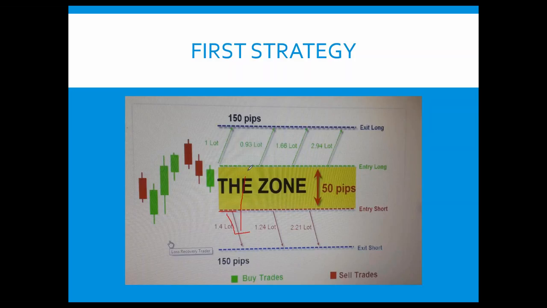We have to open up another hedge at this point. So now we are 1.93 lots long and 1.4 lots short. Again, if it hits our take profit, we are more profitable on these two trades than we are on this losing trade. You understand? Any questions?